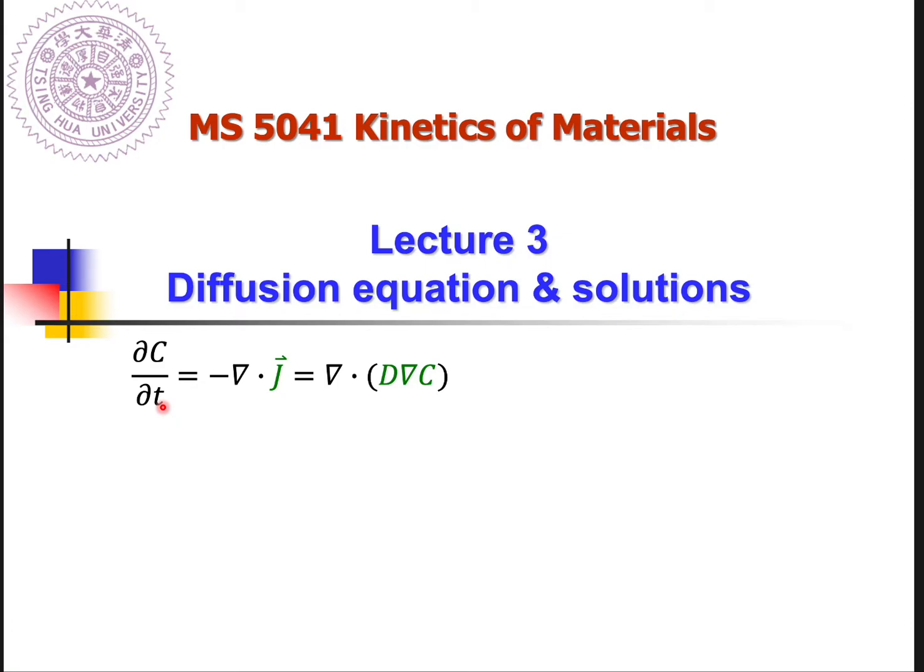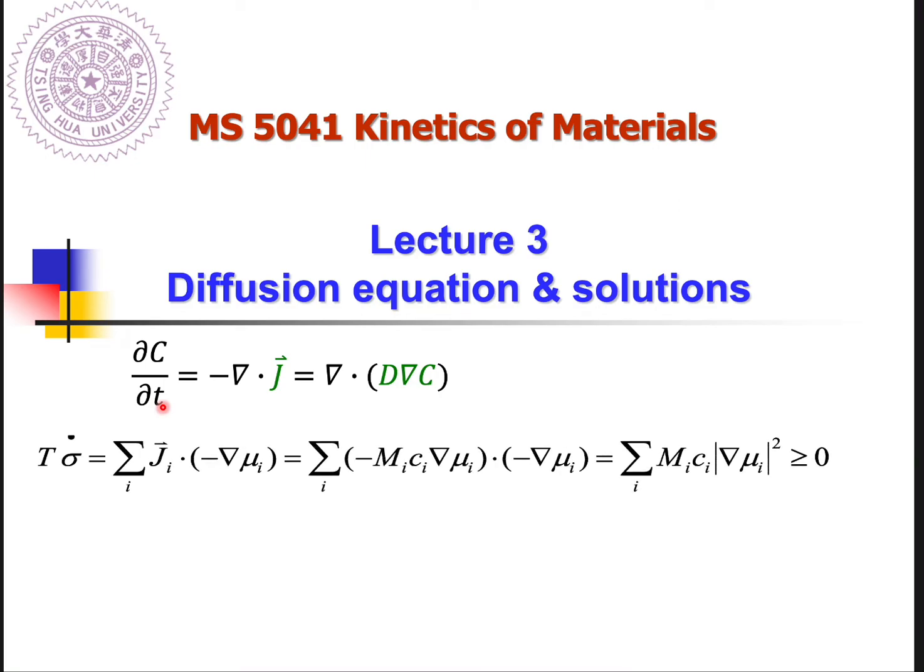And lecture 3 tells you how to get the concentration of these diffusing atoms as a function of location x and time t. But there is a little bit of a missing piece between this mass transport and the entropy production rate, right? So I will give you a quick review.